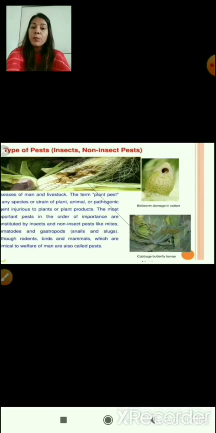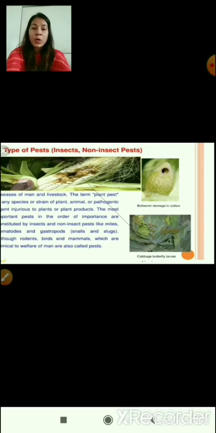The most important pests in the order of importance are insects and non-insect pests like mites, nematodes and gastropods, which include snails and slugs. It can also be rodents, which include various types of animals like rats, squirrels, etc.